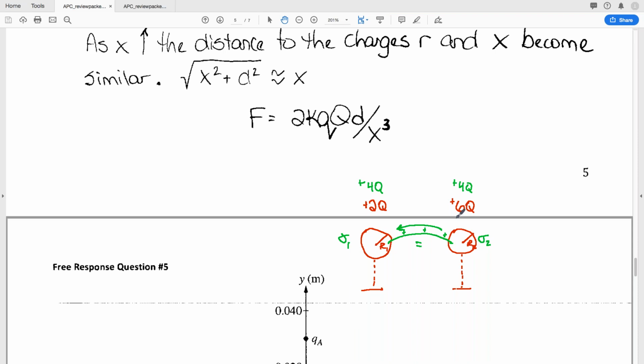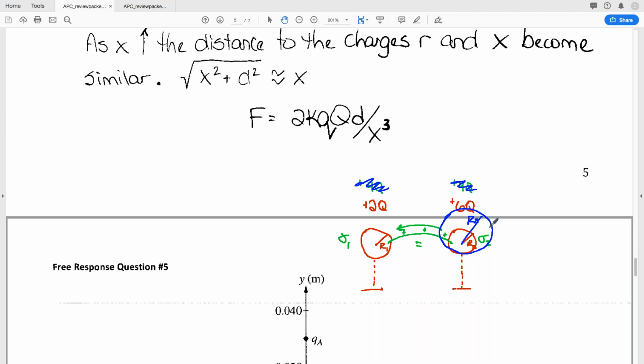Now, all bets are off if one of the spheres has a different radius. So now say we have a larger radius for R2, and we do this whole thing again. Let's ignore the things that I've written here in green. We connect them. We're still going to have positive charges leave the right sphere and go to the left sphere, but fewer of them are going to come off.